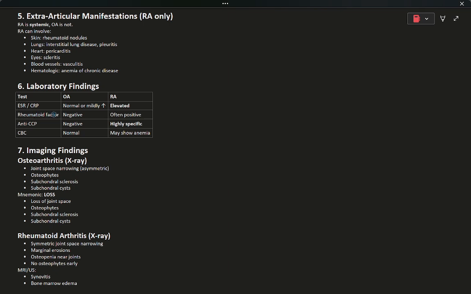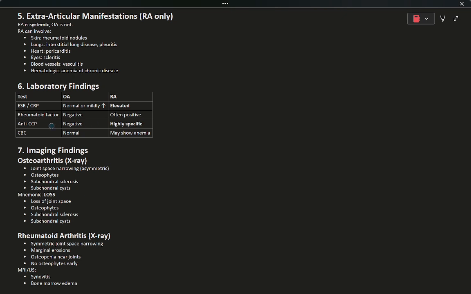The rheumatoid factor is going to be negative in osteoarthritis, but it's often going to be positive in rheumatoid arthritis. And then the anti-CCP antibody is going to be negative in osteoarthritis, but not only is it going to be positive in rheumatoid arthritis, this antibody and test is highly specific for rheumatoid arthritis.